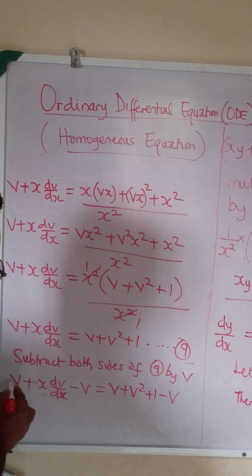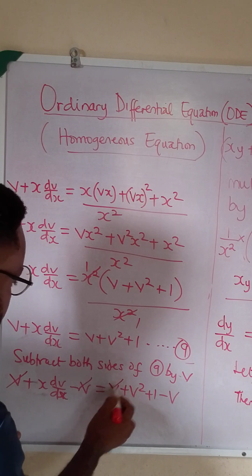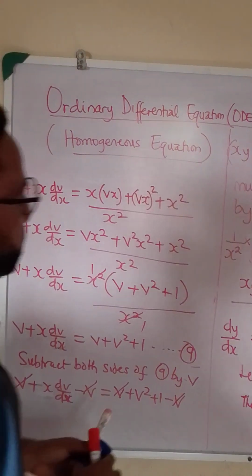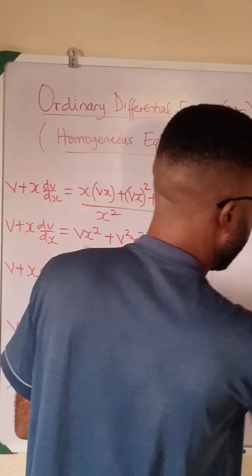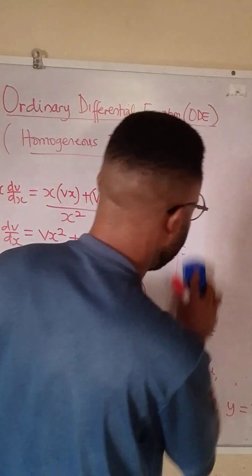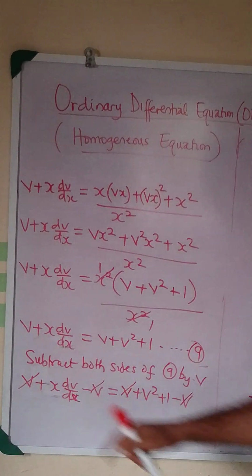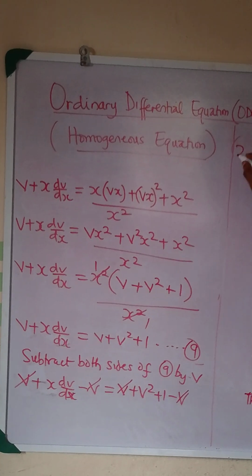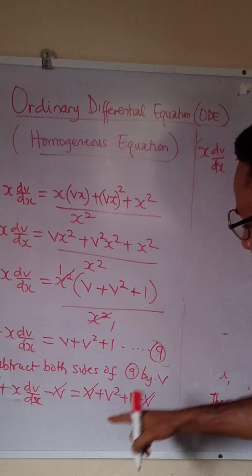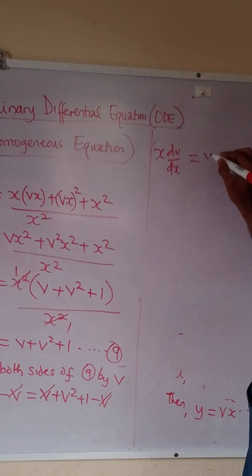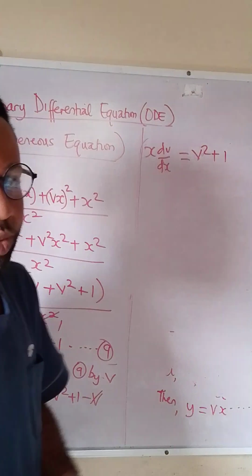So if we look here, v minus v will give us 0, and v minus v here will give us 0 too, so that we'll have our equation now to be, from the left hand side, x dv/dx equal to, and then from the right hand side we have v squared plus 1.